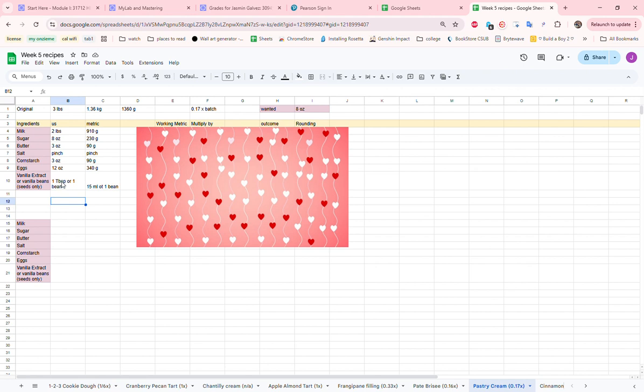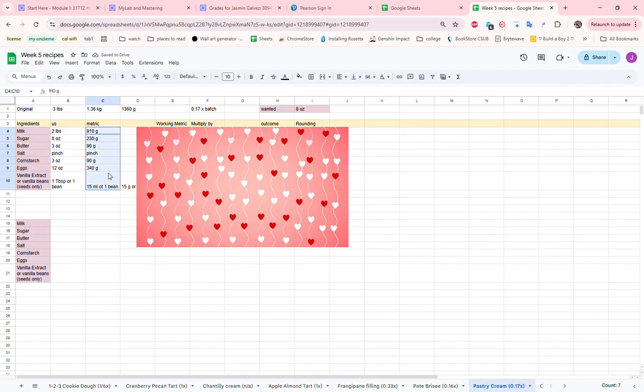We have 1 tablespoon of vanilla extract and 1 bean that we could use, which is equal to 15 milliliters, or 1 bean, and a milliliter is equal to 1 gram. So 15 grams or 1 bean. A pinch will stay a pinch.